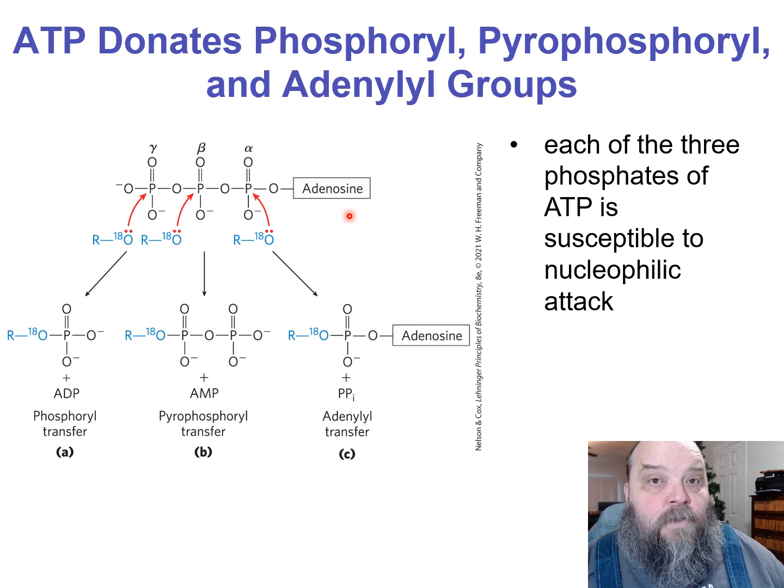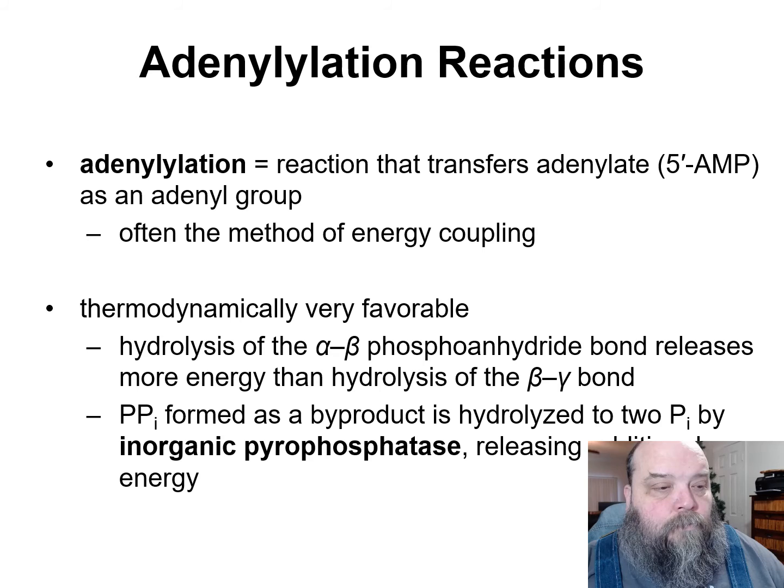That's especially if you want to have resulting AMP, because remember, I told you a few slides ago, AMP has uses in the cell beyond just being the base molecule for ATP. So there you go. Cut off beta and gamma, you end up with AMP.